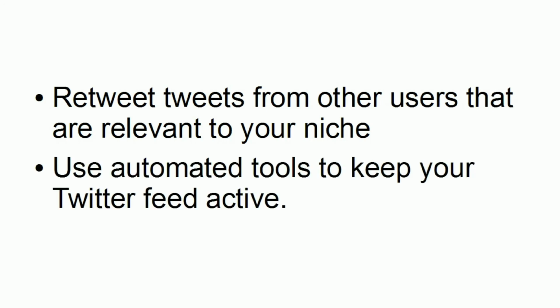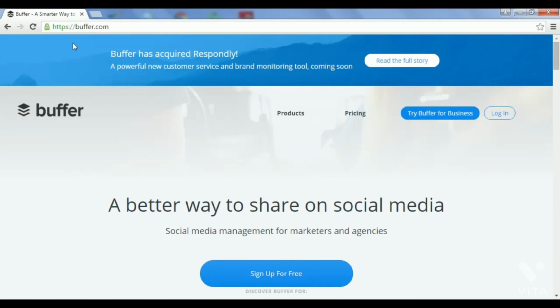Something else that you can do is to use automated tools to keep your Twitter feed active. Now, one way you can really save time when you're updating Twitter is to automate it using a service like Buffer. What Buffer does is it lets you write a whole bunch of tweets in one go.